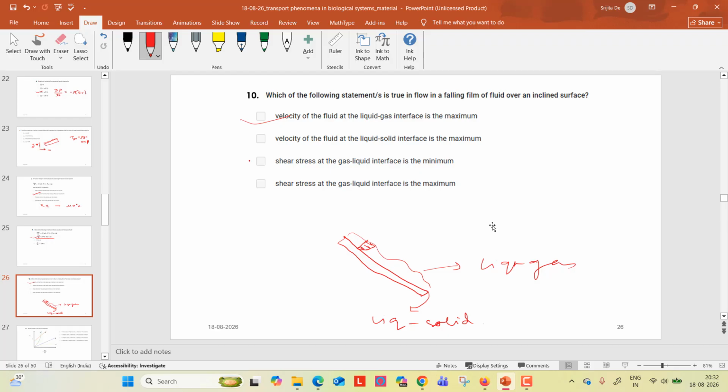So option 3 is also correct. So shear stress is maximum in this position, right? If you want to draw the shear stress curve, it will be like this. The shear stress is maximum at the liquid-solid interface. Okay.